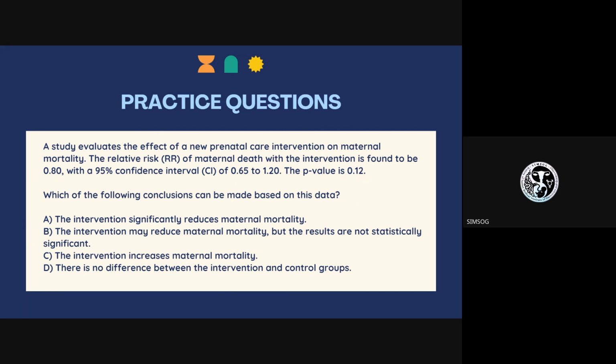The intervention increases maternal mortality. That's not the case, because the relative risk is less than one. Zainab and Rajvi have spoken about this in their previous sessions: if relative risk is less than one, then it is decreasing, whereas if it is more than one, it is increasing. So definitely not C. Option D is, there is no difference between the intervention and control groups.